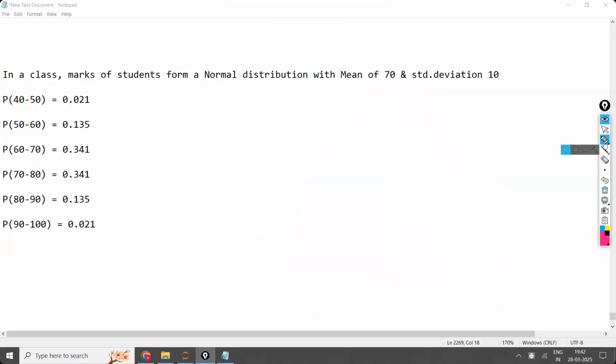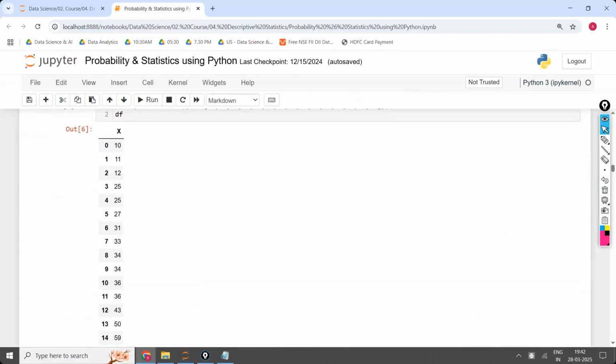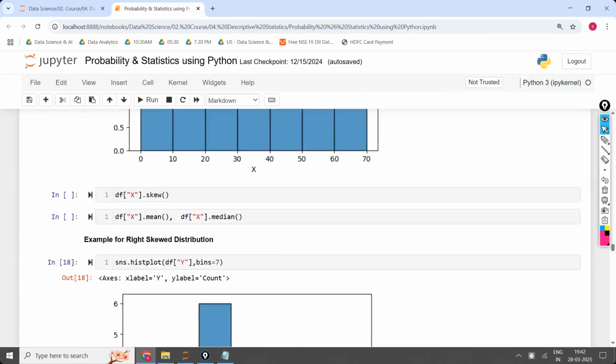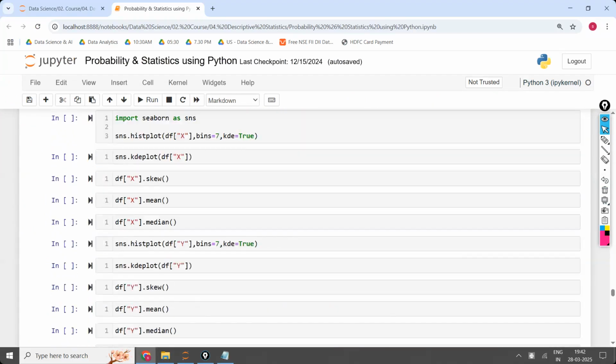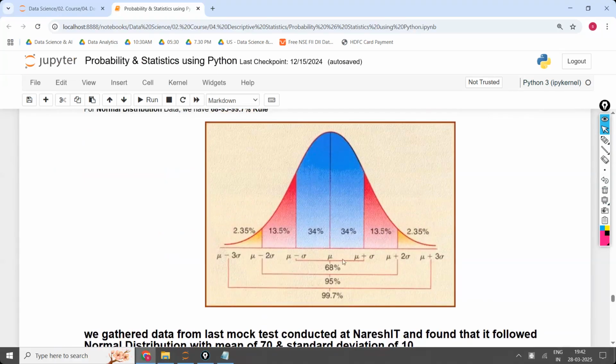Now, if you observe clearly, for any normal distribution data, not only for this example, we will get by default between mu and mu plus 1 sigma an area of 34%.